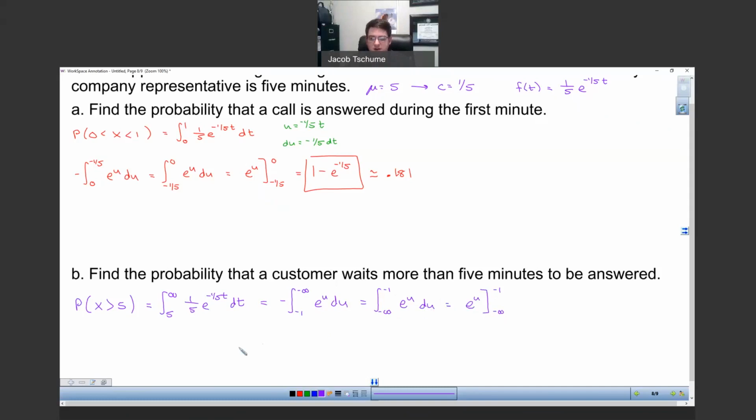And this will become e to the negative 1 minus e to the negative infinity, which we have seen numerous times now, that is equal to 0. And your final answer would be e to the negative 1 as an exact answer, which is approximately 0.368. So that means that almost 37% of customers will actually wait longer than the average that they're claiming.